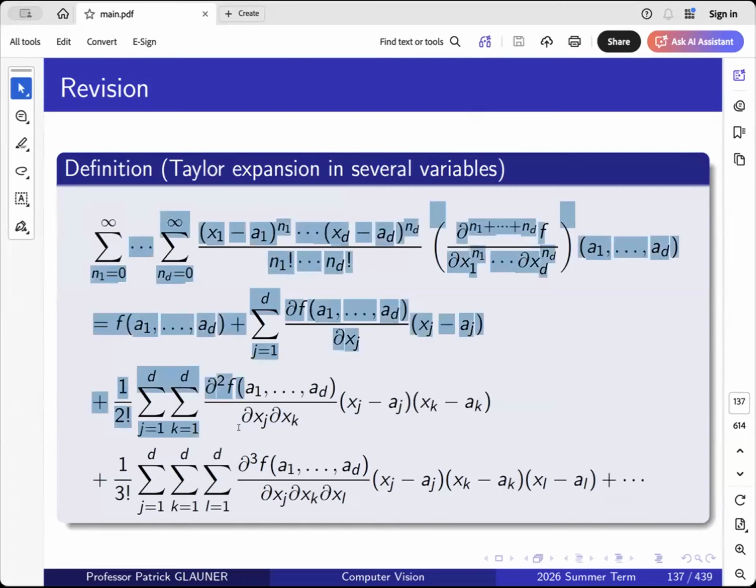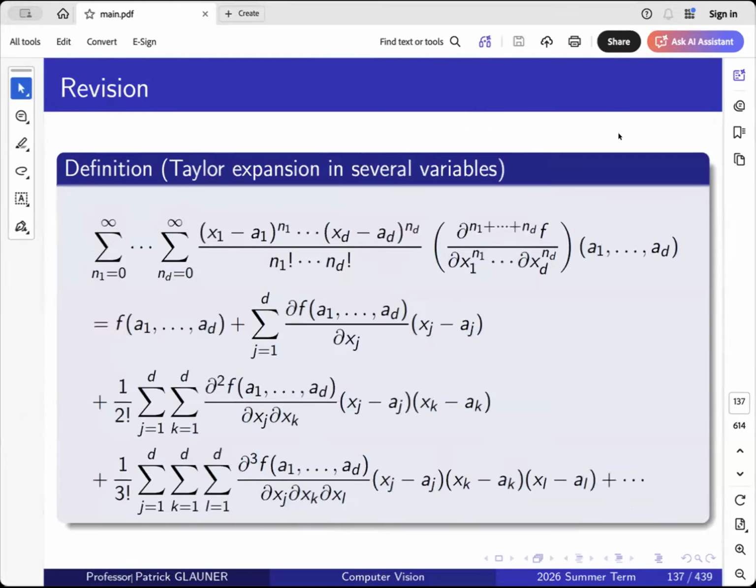But we don't need it to that detail. All you need to know in a moment is that the Taylor expansion can be used in several variables, and we're going to use it in several variables to work on our Harris corner detector, but it looks more difficult than it actually is. And I will switch back to my iPad to show you this.